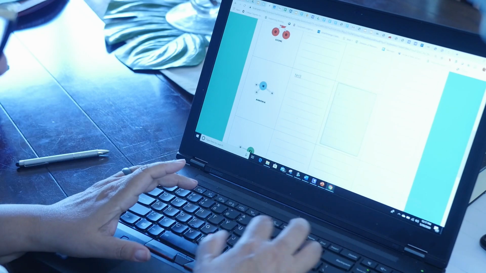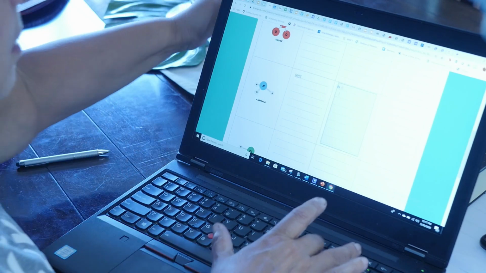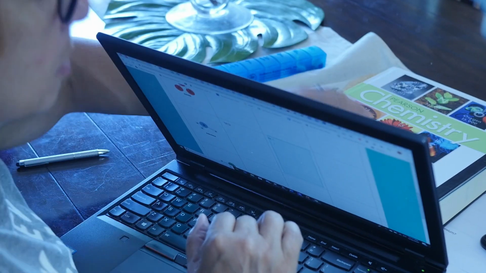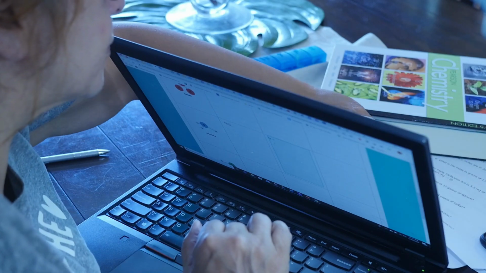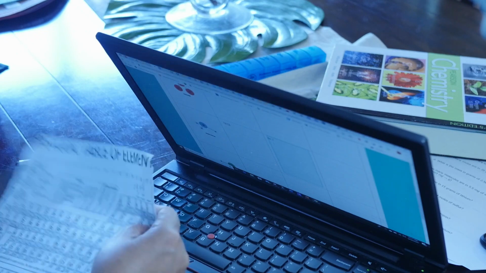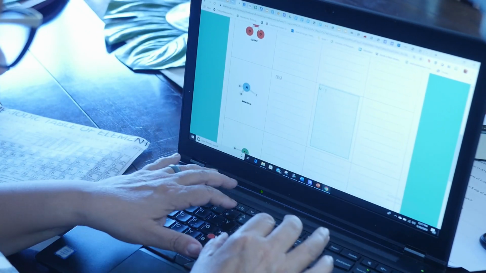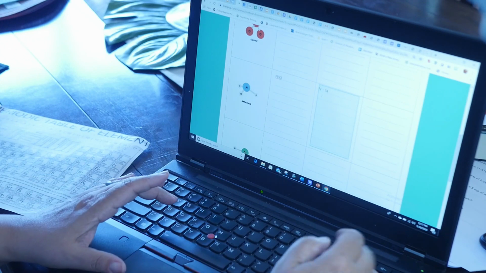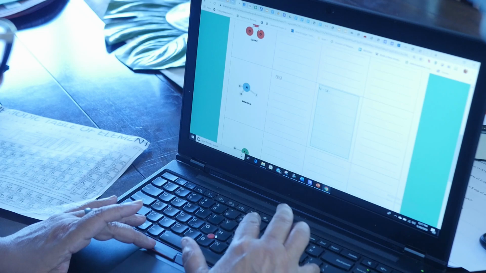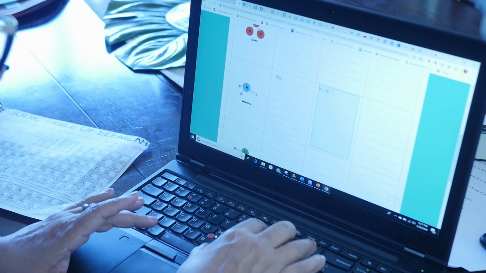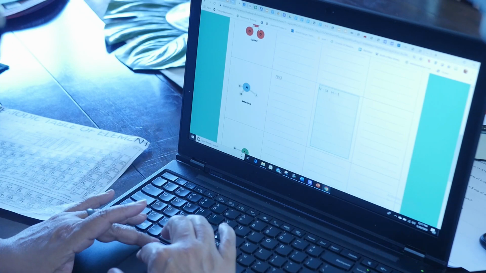The atomic mass of nitrogen, get your periodic table out, is 14, and the atomic mass of hydrogen is 1.